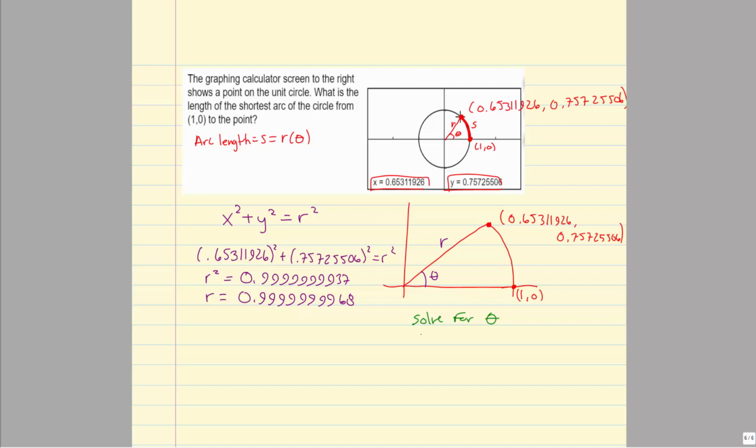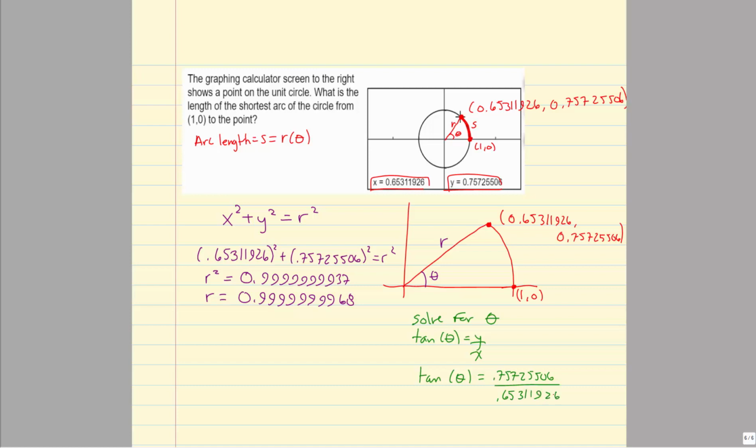So for this particular case, I could do tangent theta equals y over x. So tangent theta would be y, 0.757255506, over x, which is 0.6531196.